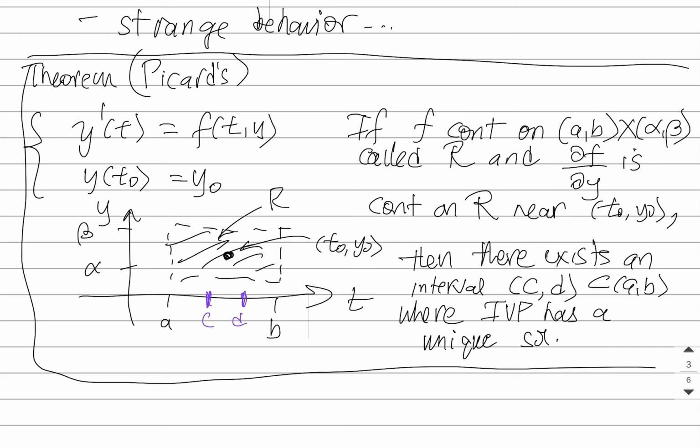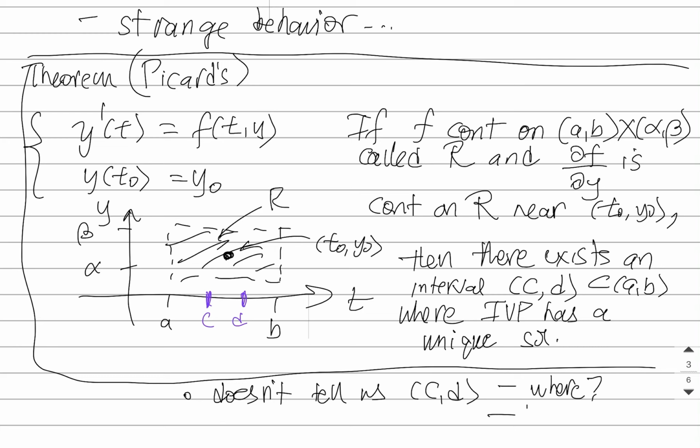Now, you might think that this is a mathematical statement and things are great, but this theorem isn't of much worth. And why is that? The problem here is it doesn't tell us what this interval CD is. We don't know where it is.